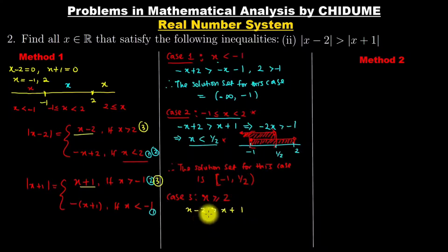Now if you look at this, of course I'm going to have -2 greater than 1. That's absurd. This is not possible. So that means there is no solution.